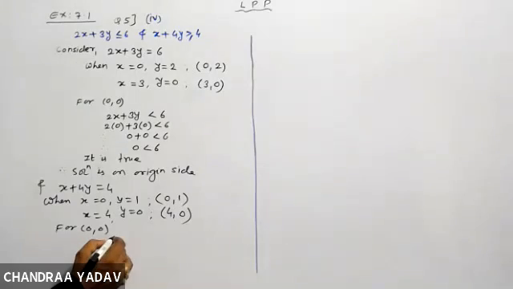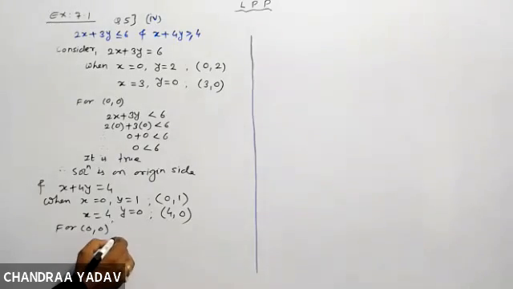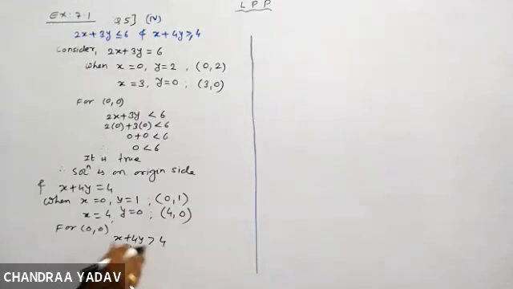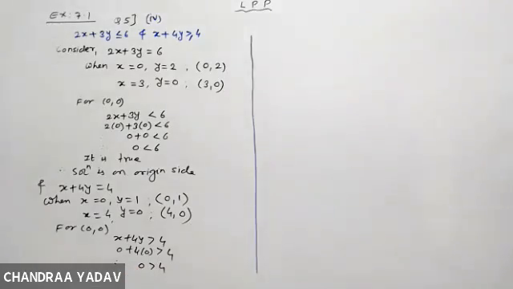And then for 0, 0, what do we write? First you tell me the inequation: x plus 4y is greater than 4. Very good. And 0 plus 4 into 0, that is 0 only. Write like that: 4 into 0, greater than 4. 0 plus 0 is 0.